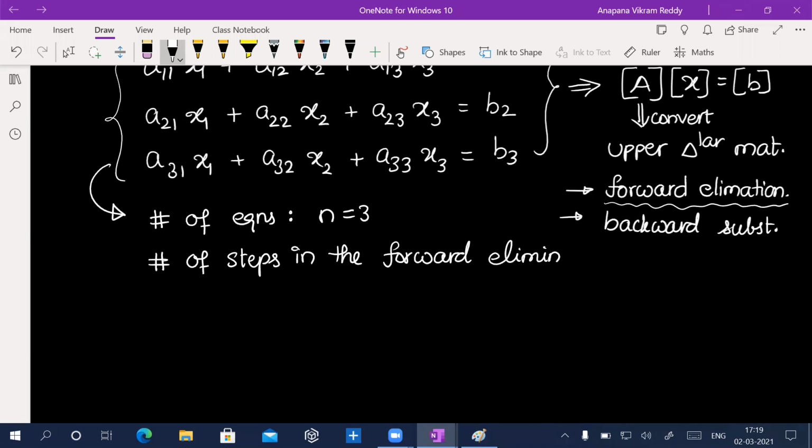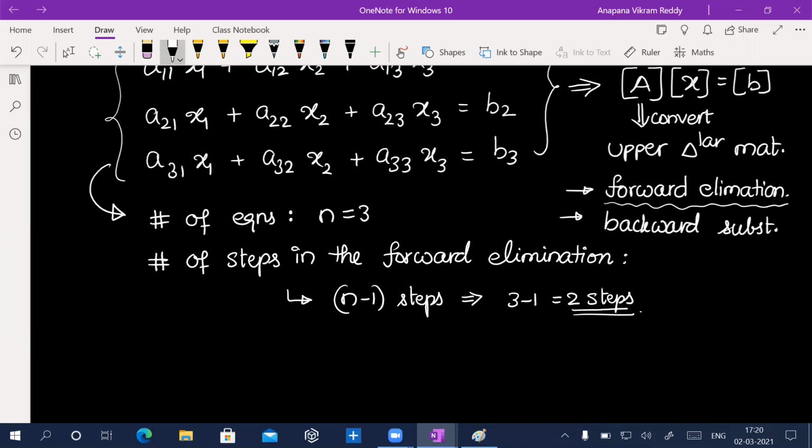If you want to measure computational performance, you need to take all these things. The number of steps in forward elimination is n minus 1. In this example, n equals 3, so 3 minus 1 equals 2 steps. So I require 2 steps to go through forward elimination.